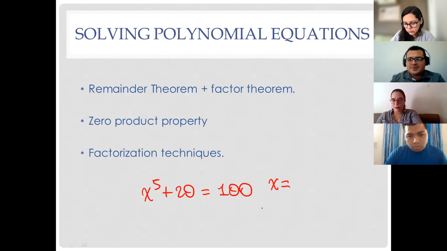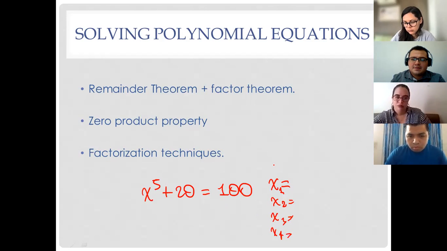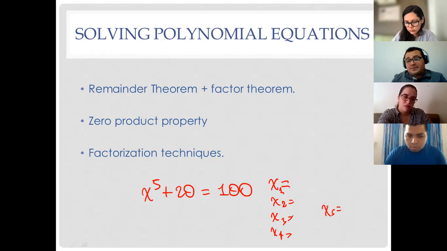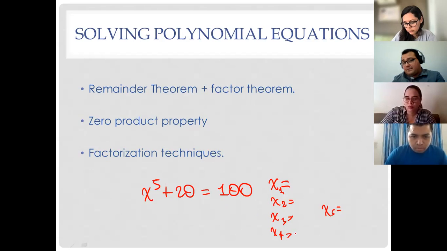How many? Can you say it? 5. 5, right? I'm expecting to get 1 solution, 2 solutions, 3 solutions, 4 solutions. Well, 5 solutions. Probably it's not that I'm always going to have 5 solutions.